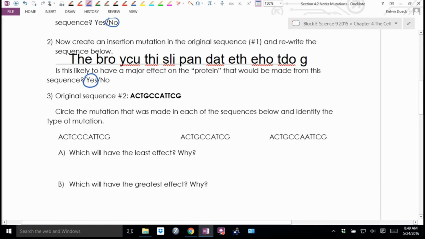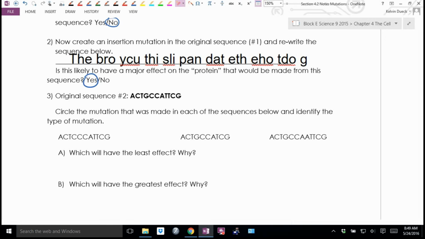So here might be a nice couple of test questions. I'll give you a set of DNA, ACT, GCC, ATT, CG, and then it says circle the mutation that was made on each of the sequences below. So here's a mutation. Whereabouts does the mutation occur?